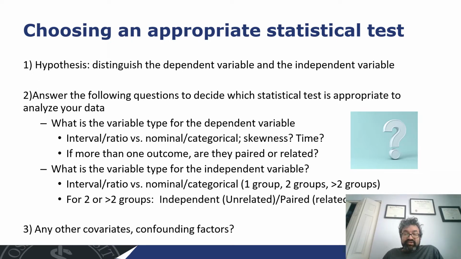What is the variable type for the independent variable? Interval ratio versus nominal categorical. So you have one group, 2 groups, more than 2 groups. For 2 or greater than 2 groups, independent or paired. Any other covariates, confounding factors.